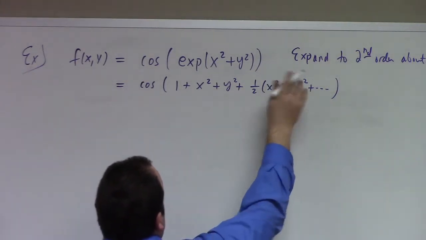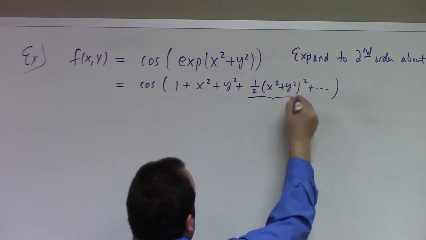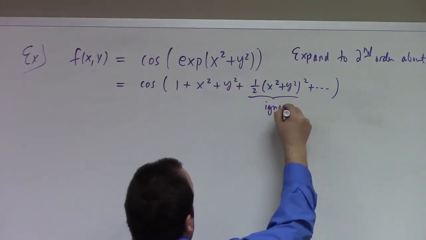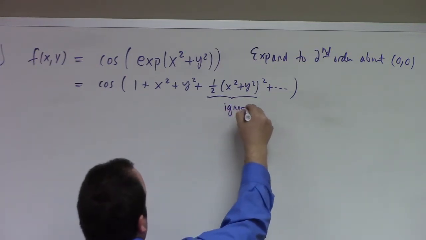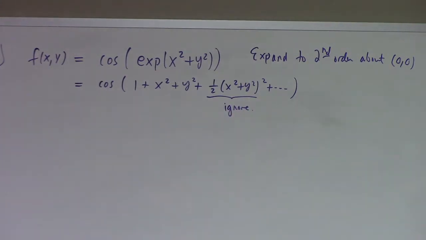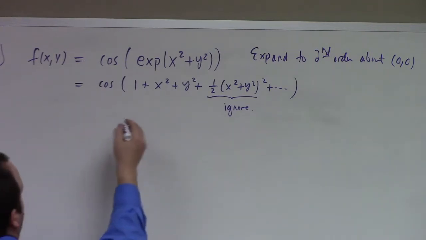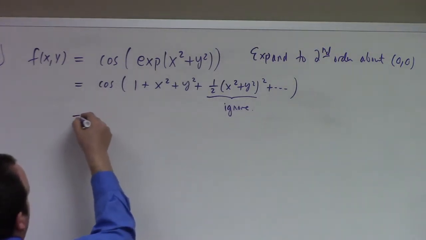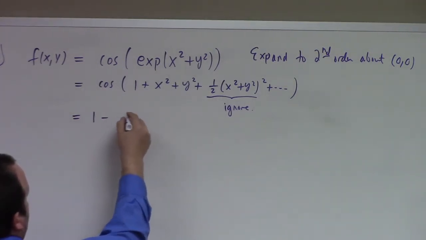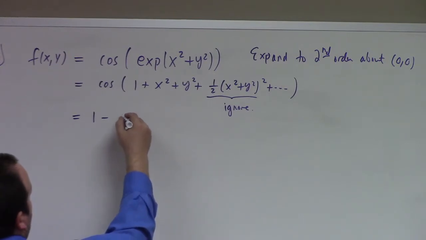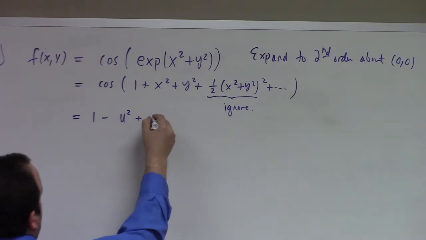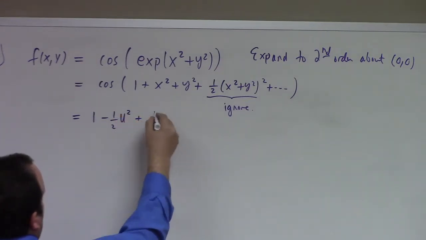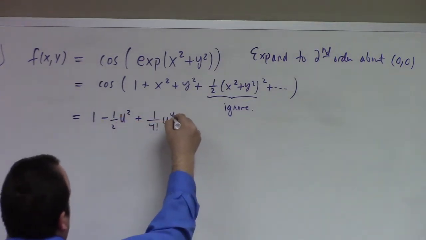And so, first of all, I don't need this, right? I can ignore that piece. Why? Yeah, it's fourth order. It's beyond what we care about for the problem. So I can say, okay, well, and what's cosine? It's 1 minus u squared over 2, plus 1 over 4 factorial u to the 4th plus dot dot dot.